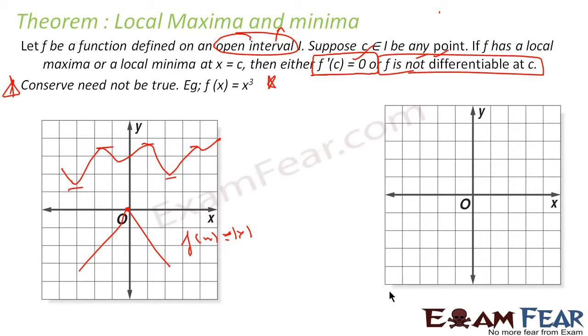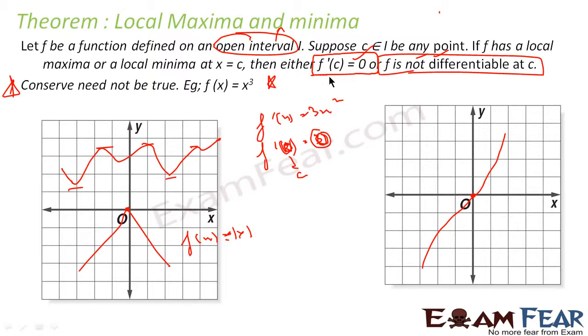For example, if my function f of x is equal to x cube, we plot like this. You find f dash x, this becomes 3x square, and f dash 0 becomes 0, because 3 times 0 square is 0. F dash at a particular point c, that is c equal to 0, is 0, but this function need not have a maximum or minimum value. If you see, the 0 point is not a maximum or minimum. Correct? So the converse is not true.